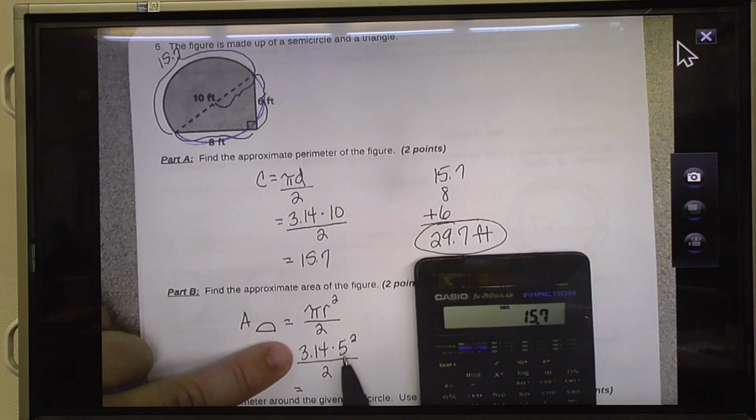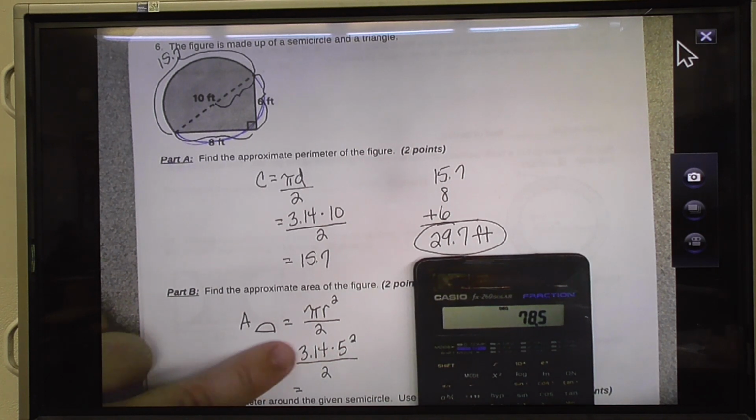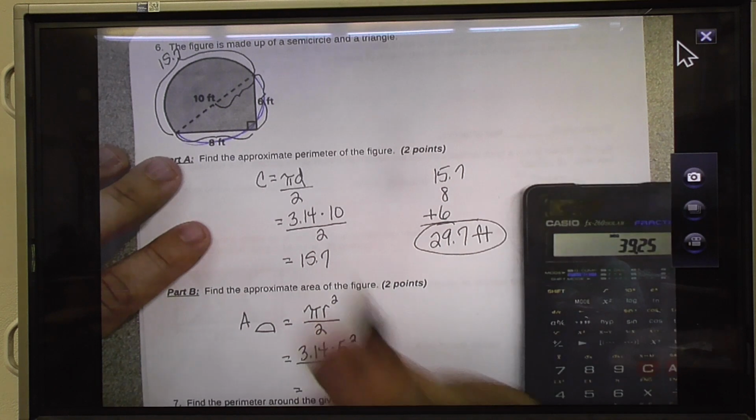We have 5 squared. 5 squared means 5 times 5, which is 25. So 3.14 times 25, the top up here is going to be equal to 78.5. And then we divide by 2 because it's a semicircle. That gives me 39.25.